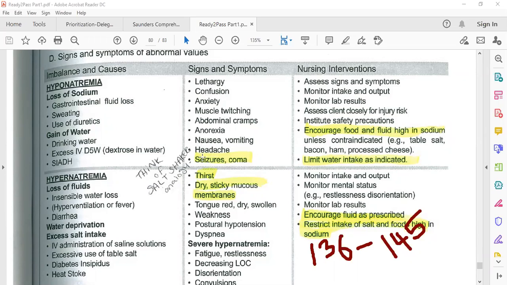What is a seizure? Involuntary movement of muscle, and finally coma or death.